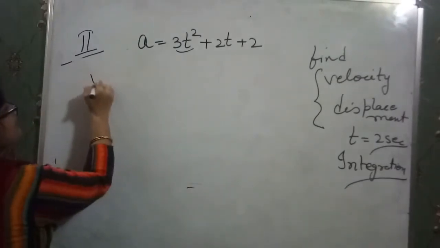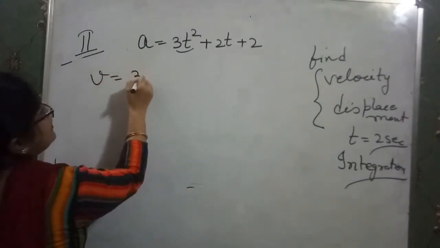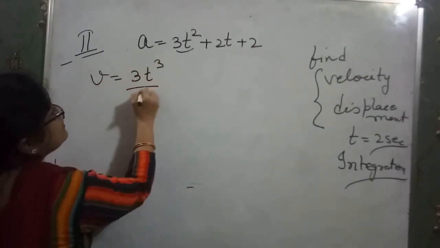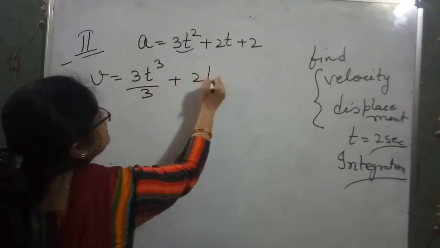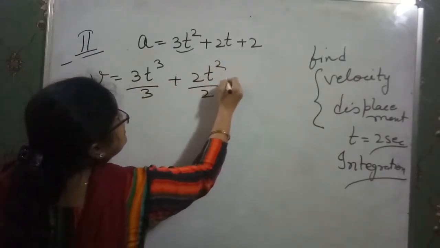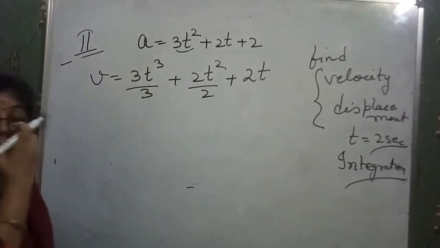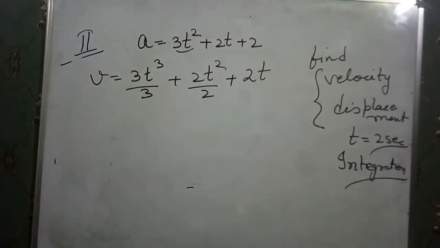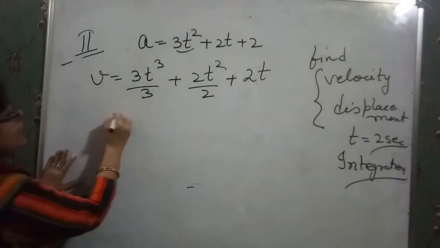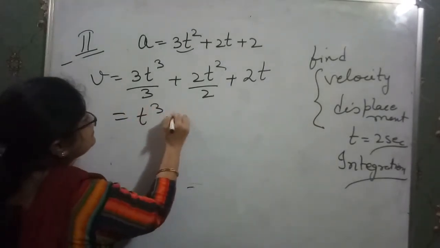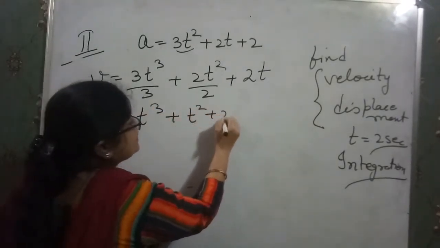So velocity becomes 3t cube over 3 plus 2t square over 2. And here we have nothing, so we just write t in case of integration. So we have t cube plus t square plus 2t.